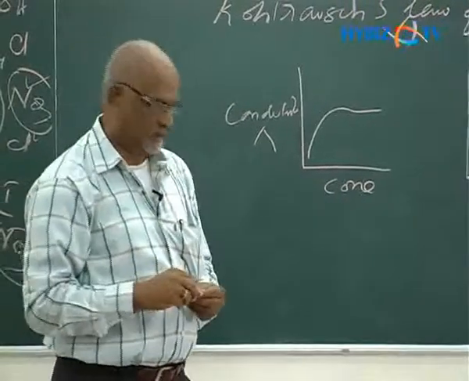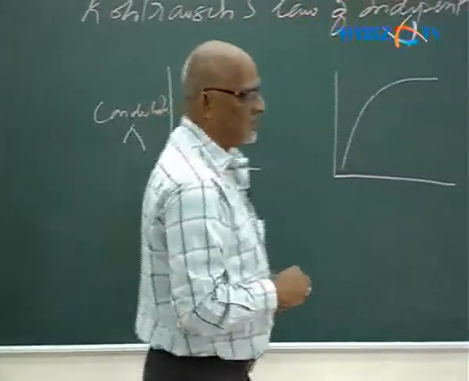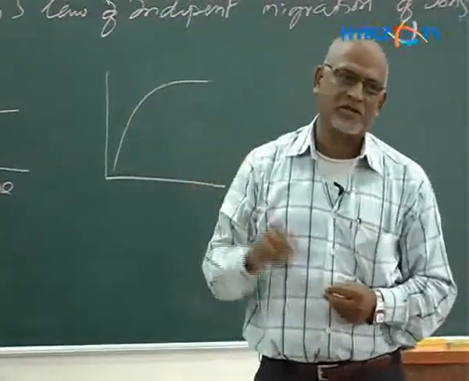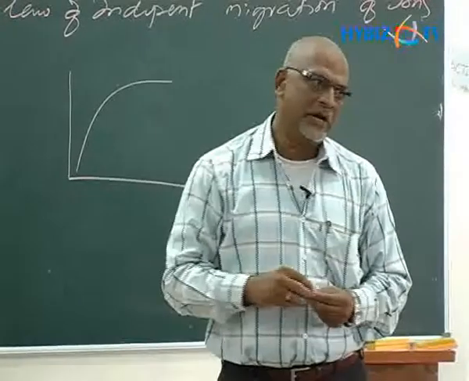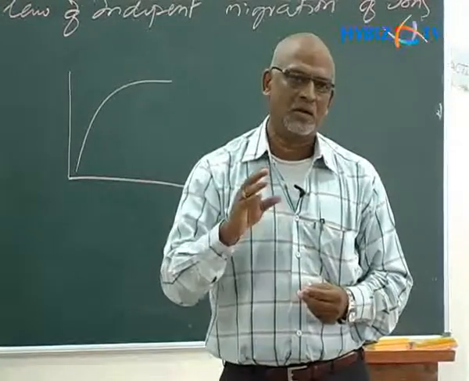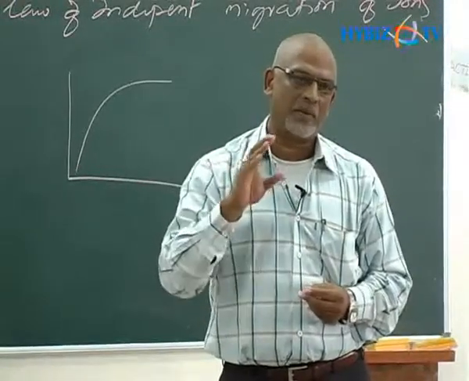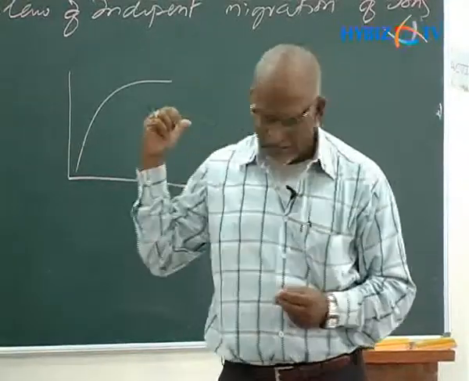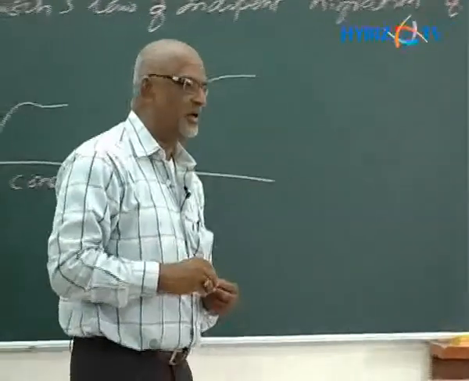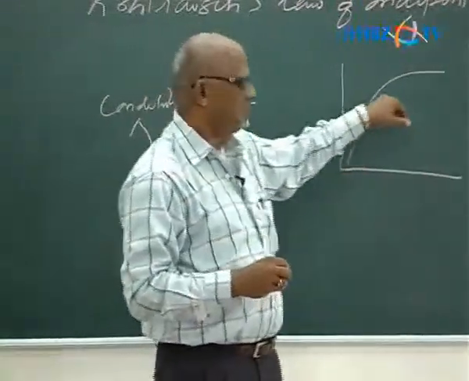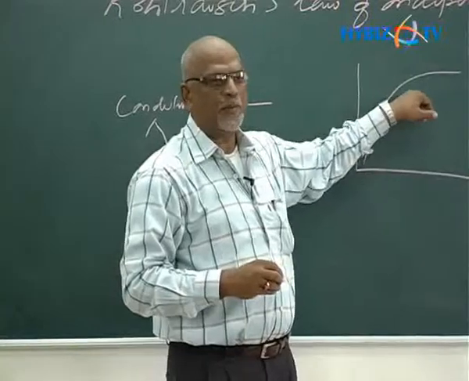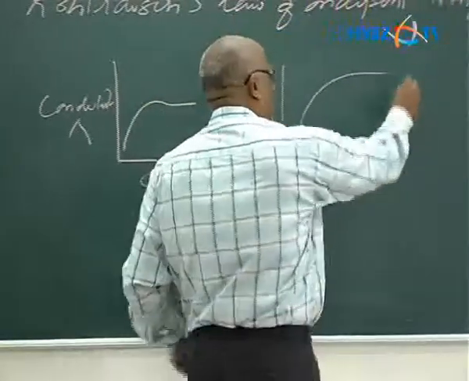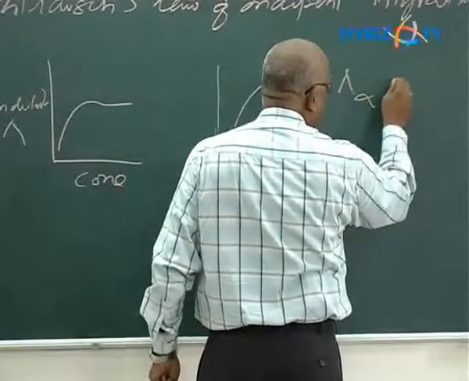The reason being, the volume is increased and ions are free to move, whereas in the case of strong electrolytes, the electrophoretic effect and relaxation effect all contribute and not much change is found in conductivity there. But here, as we increase the dilution, conductivity increases to a larger extent, and at a point it becomes constant, and this is called the equivalent conductivity at infinite dilution.